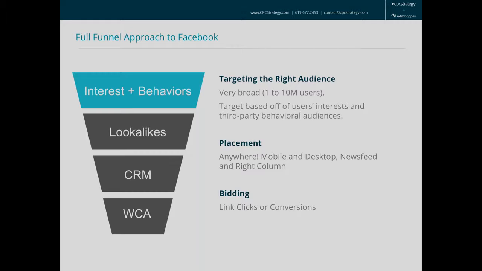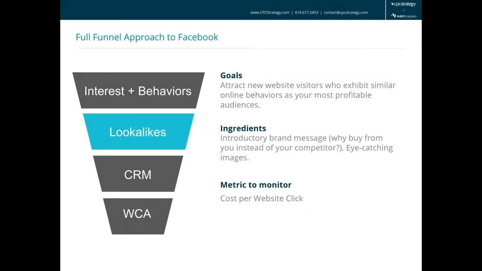And then we're trying to bid either towards getting the lowest cost per link click possible or towards conversions. Both of those objectives can work at the top of the funnel. It's really just a lot of testing and learning on your side. And then moving on to lookalike audiences, this is also very similar. We approach these very similar to the interest and behavioral audiences.